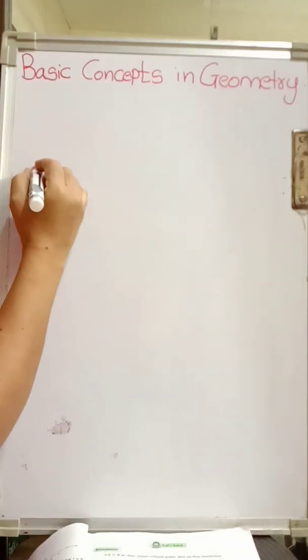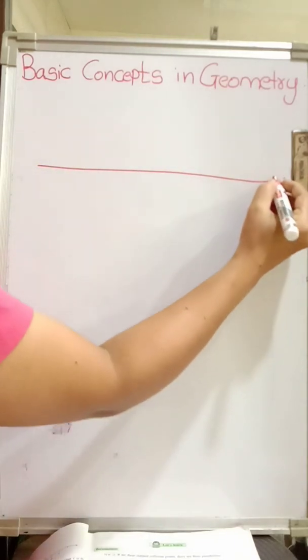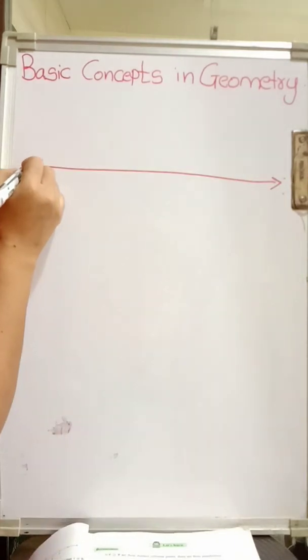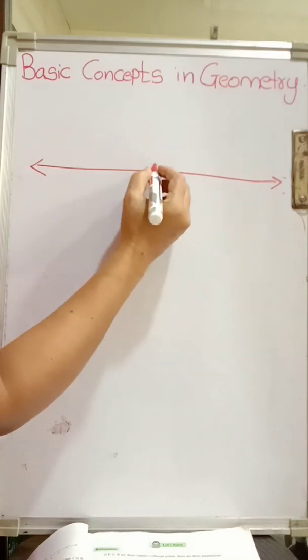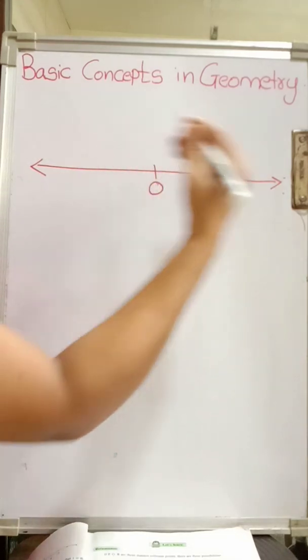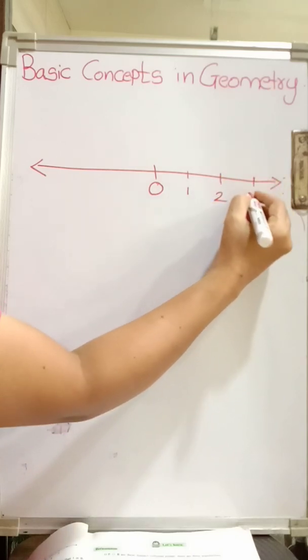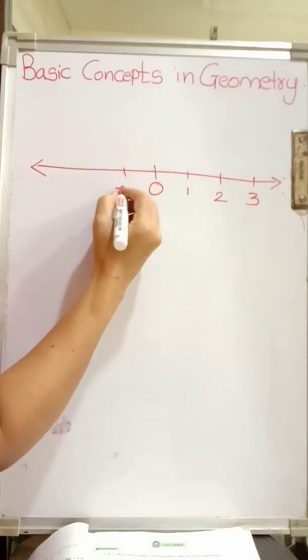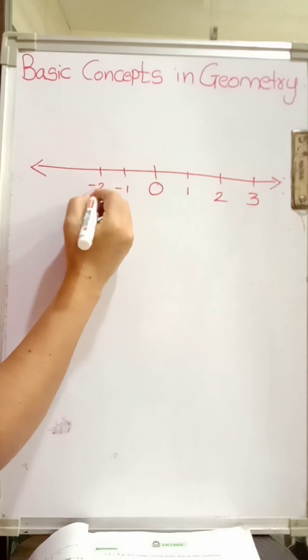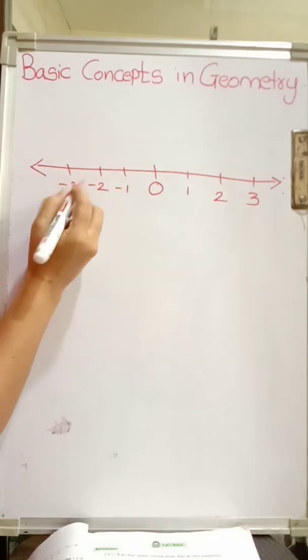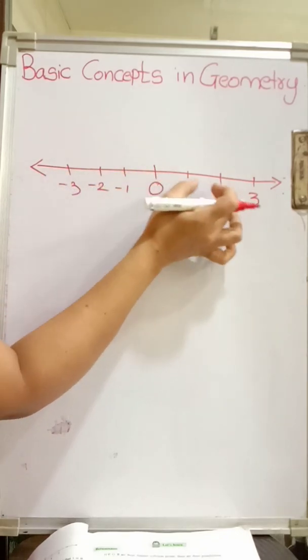Now look at this. I am drawing this number line. You all know the number line very well. You have been drawing it since grade 7. So here you have 0. Towards your right hand side you have all positive numbers, and towards your left hand side you have all negative numbers. Alright. Now see, the distance between each number is the same.